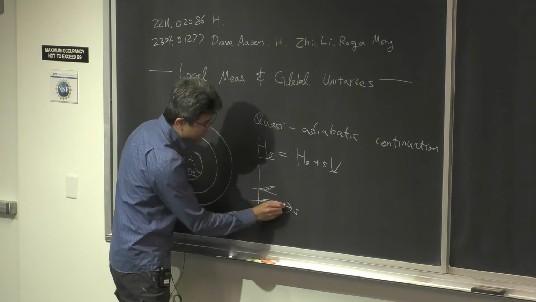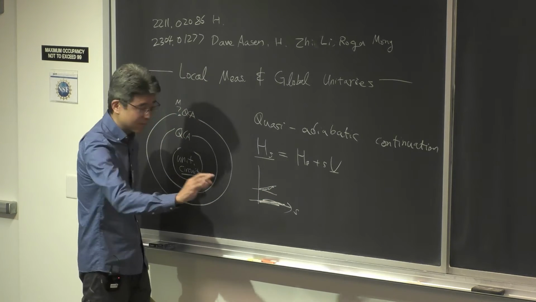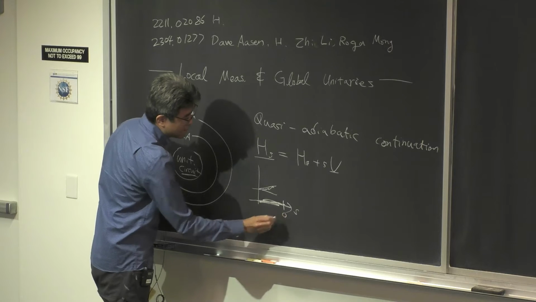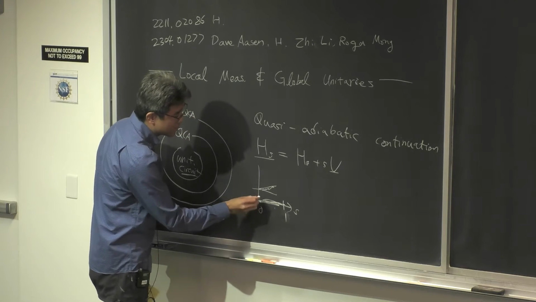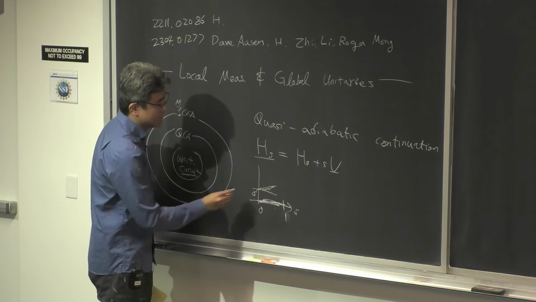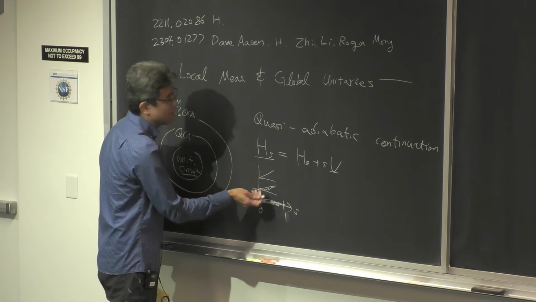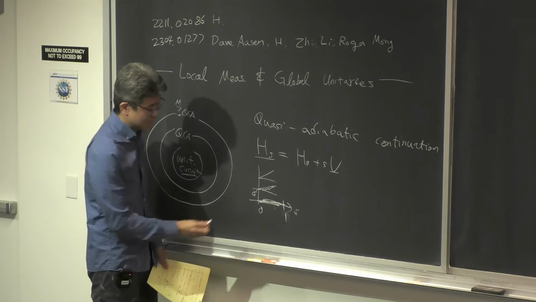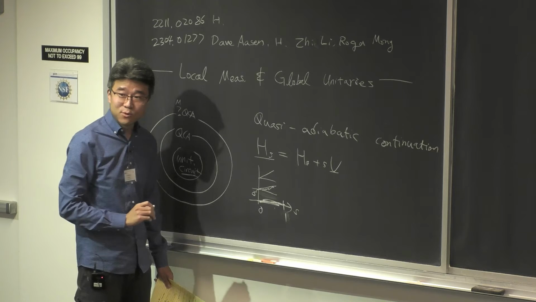So pictorially, the ground state energy stays at zero for the entire interval, and there is some energy gap above it. And all the excited states, we don't really care, as long as this is empty.